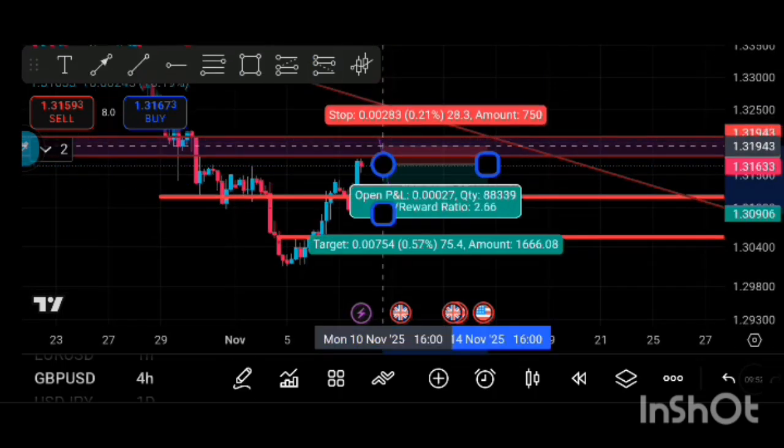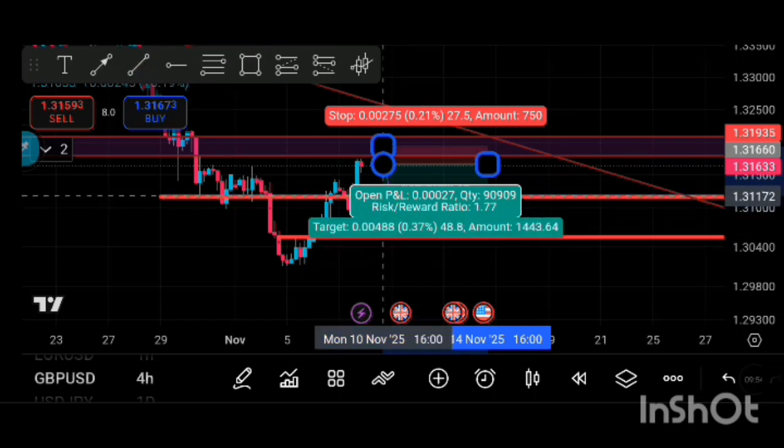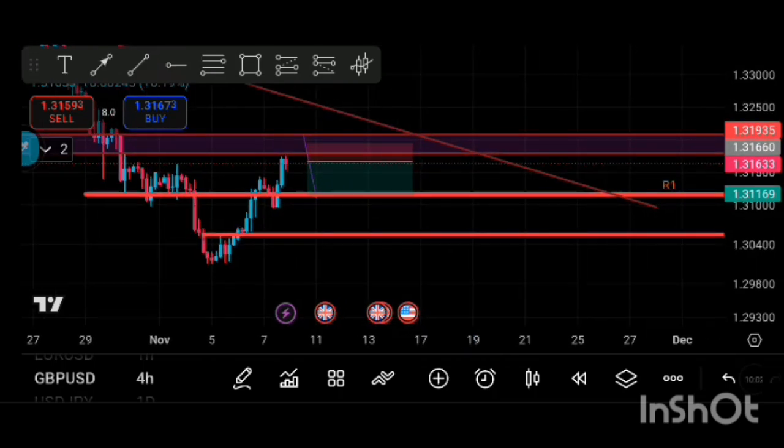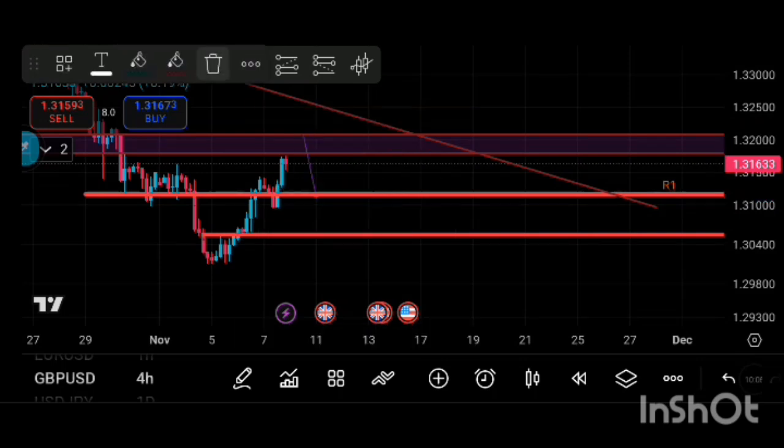Stop loss has to be reasonable, and my take profit will be at R1. Understand? Don't mind the background noise. So that's what I see on GBPUSD.